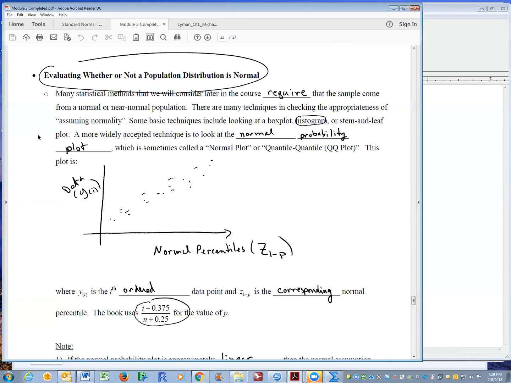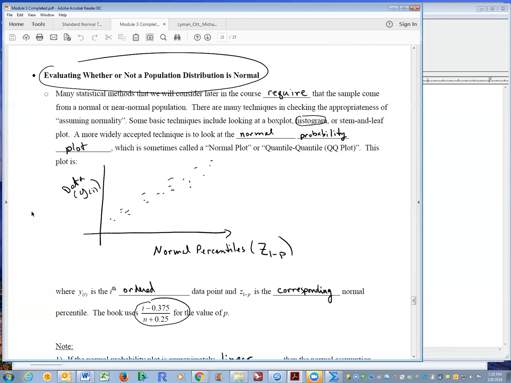One way to check it is to look at a histogram and ask, does the histogram look close to bell shape? That technique is not that good if the data set is small, because histograms are kind of clunky when the data set is small, say 15 observations, or 10, or even 25. Really the best way to do it is to use what's called a normal plot or quantile plot.